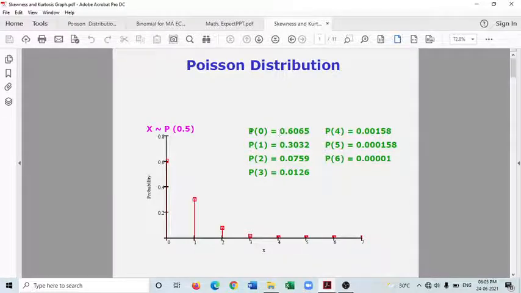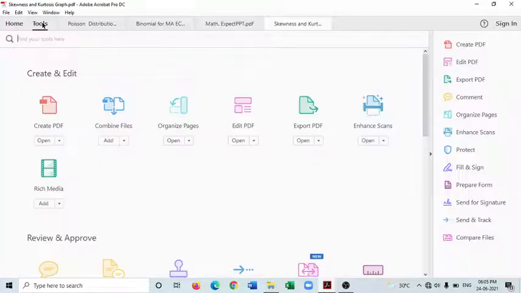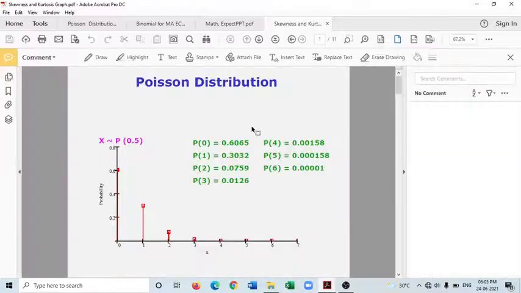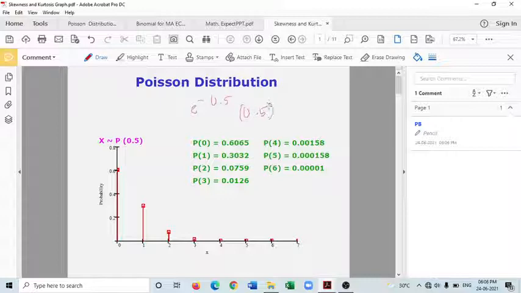That is by putting in the value. Shall I write the equation of the Poisson here? It is e raised to minus 0.5, then 0.5 raised to x, divided by x factorial.